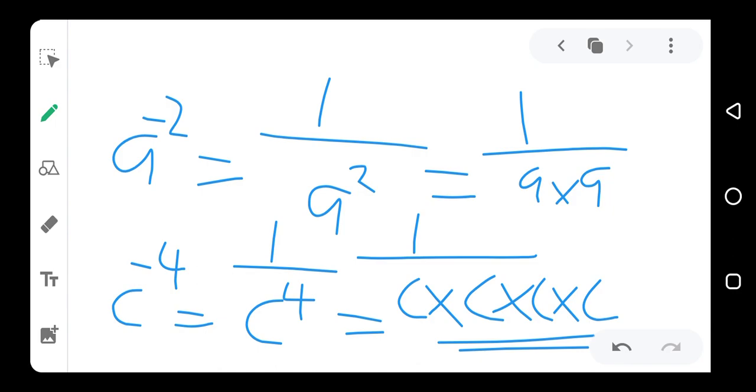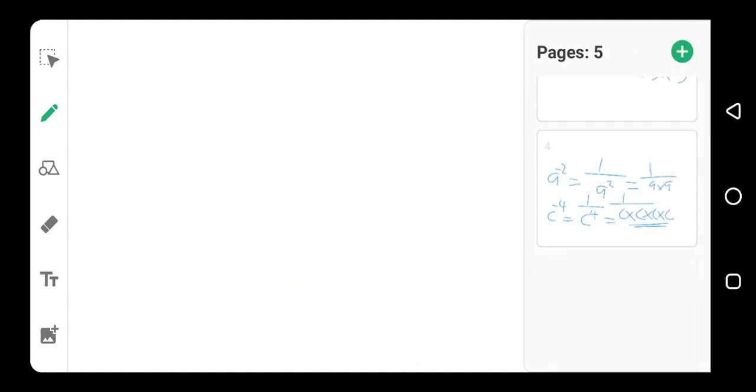Now, what if we have different alphabets combined, like A and B? Now, let's assume that we have A raised to power minus 2, and then we have B raised to power 3.